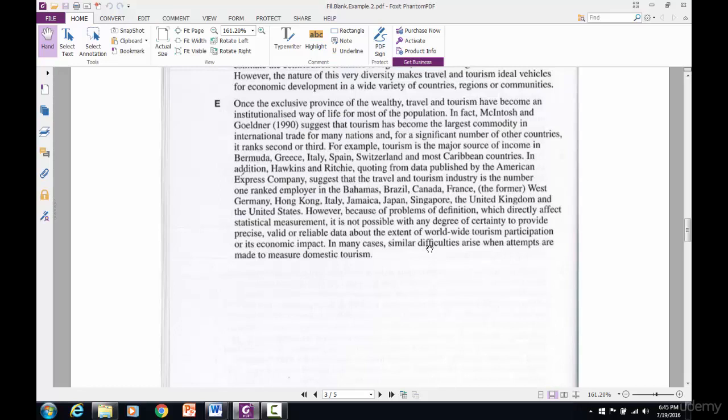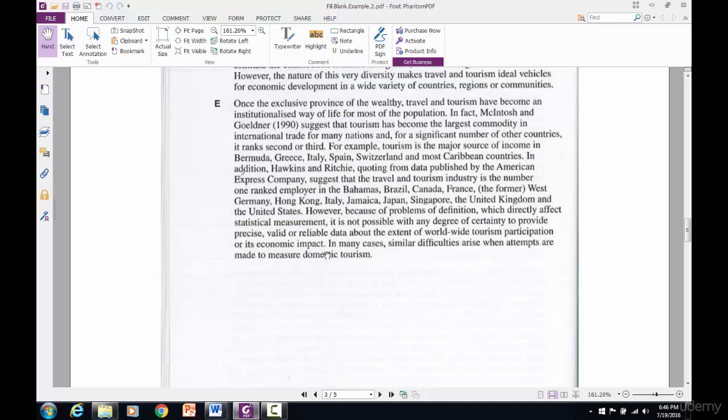Now you might look at the previous sentence also because it's talking about problems of definition, and we have the words statistical measurement. But really, this is the sentence we need to look at right here. In many cases, similar difficulties arise when attempts are made to measure domestic tourism.